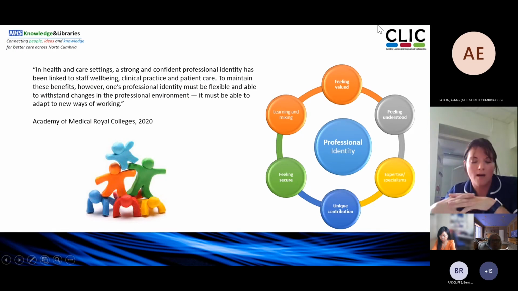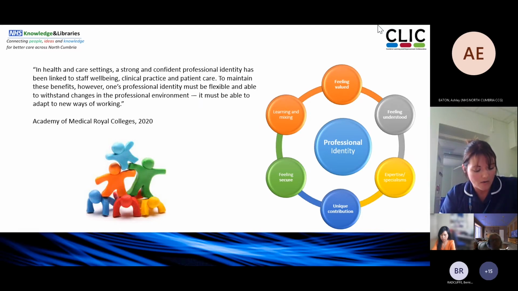Another aspect of that, bringing it back to basics, is understanding everyone's professional identities. Professional identities is how professionals define themselves within their work role, what the cultures are like within the work, ensuring everyone's valued for their contribution.